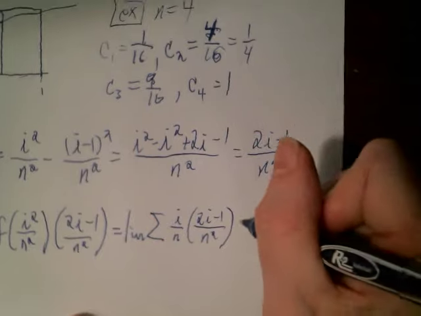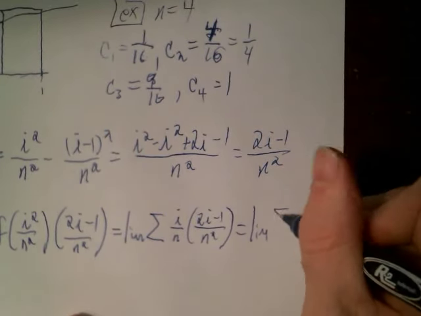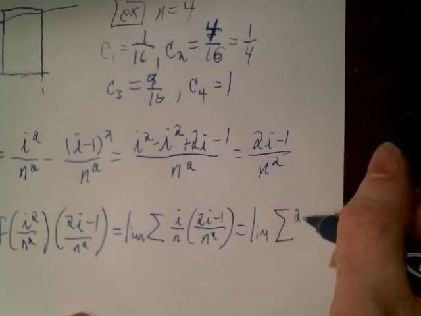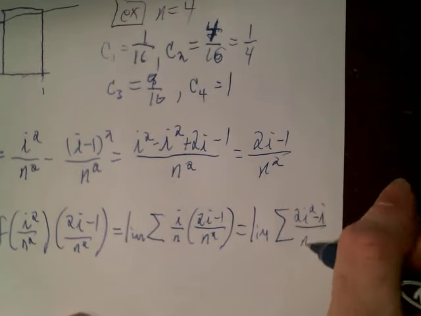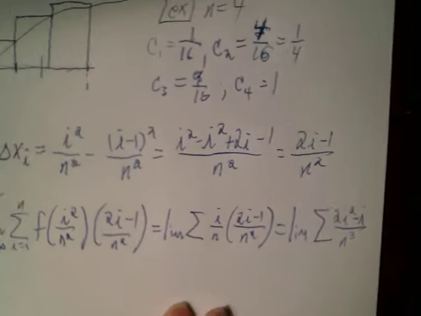Go ahead and multiply that out, so you get the limit of the sum of 2i squared minus i all over n cubed. Okay.